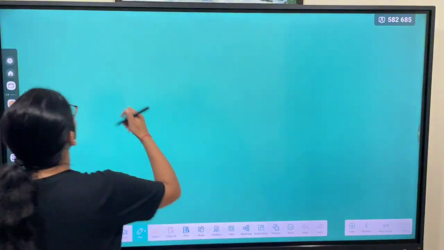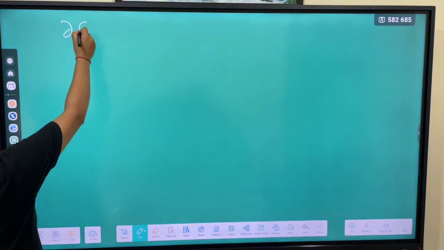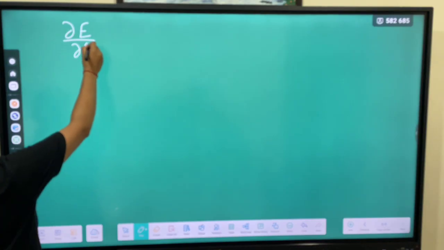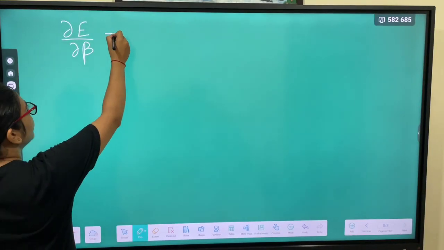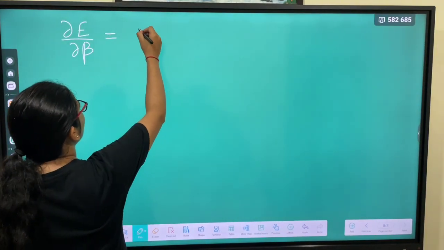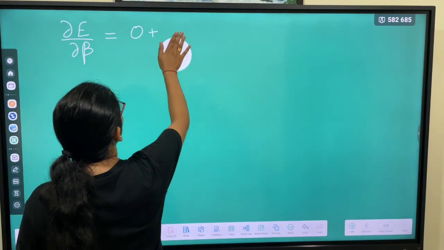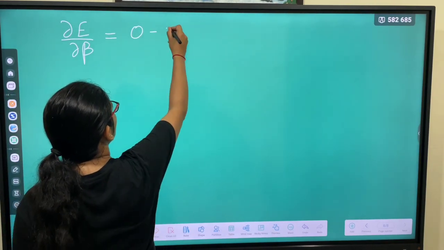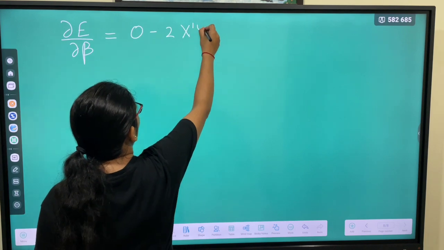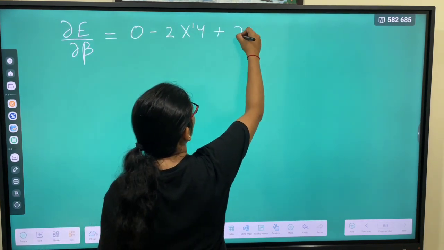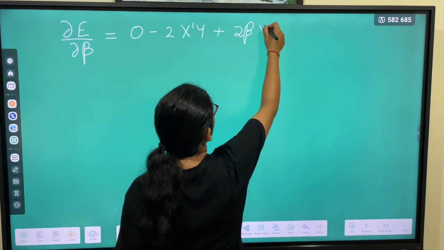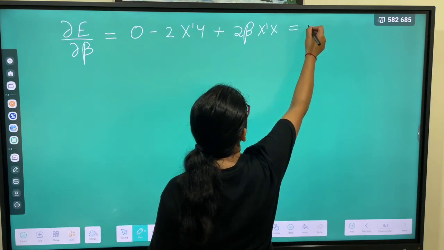On differentiating this E with respect to beta, since we are calculating the estimator of beta, the normal equation comes out to be 0 minus 2 x dash y plus 2 x dash x beta, which equals 0.